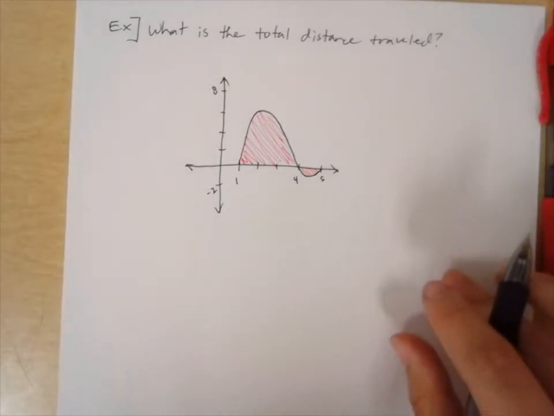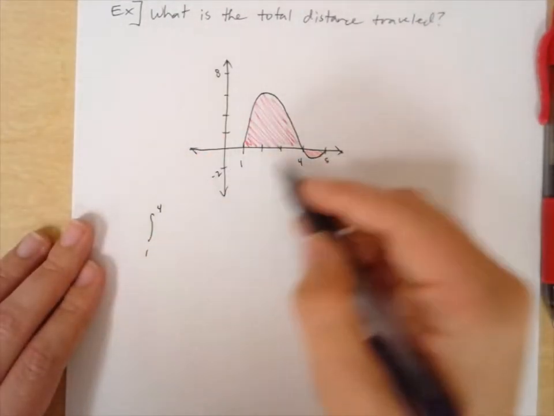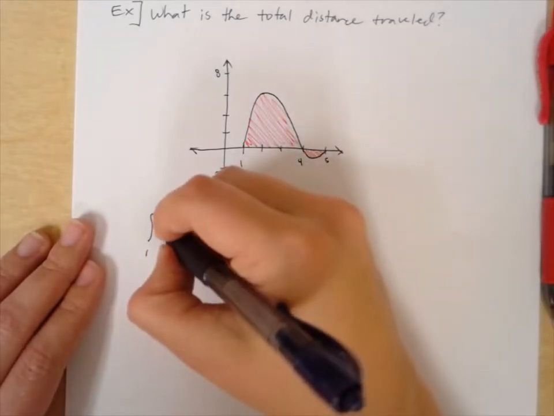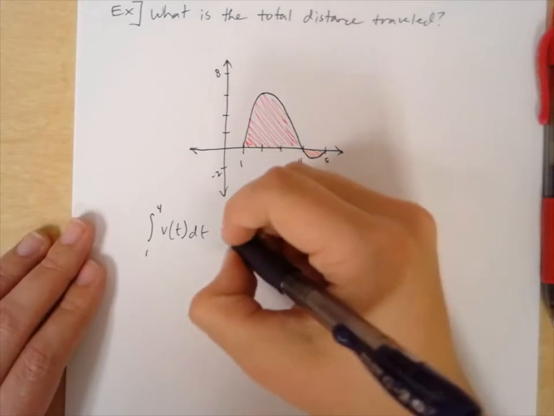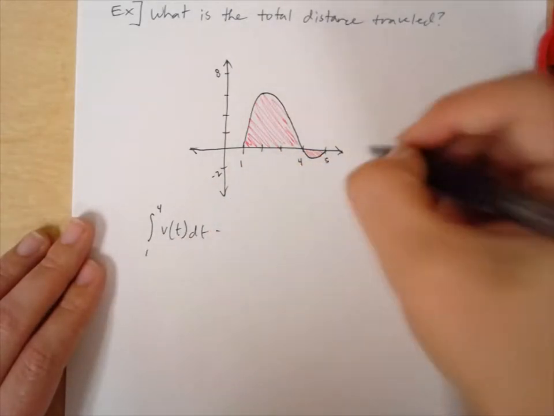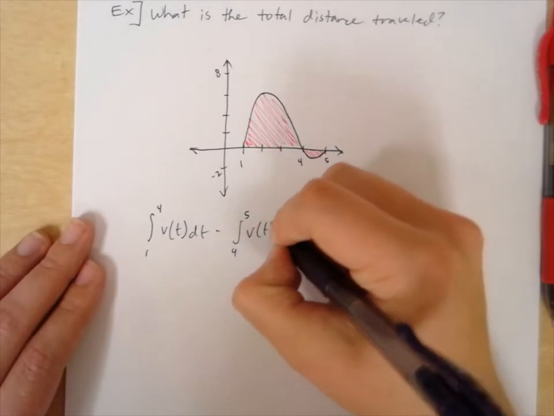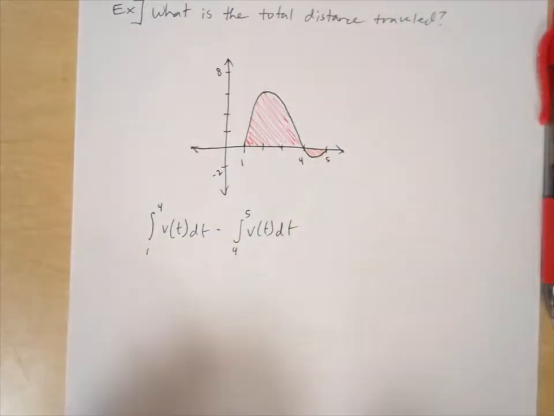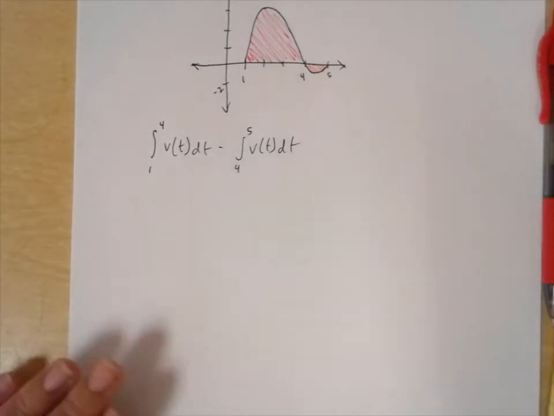So here's how I would set that up. The integral from 1 to 4, which I know is going to be this big, nice, positive piece here, of V of t with respect to t. And then I'm going to subtract the integral from 4 to 5 of V of t with respect to t. And I can start to fill everything in here that I need to simplify out.